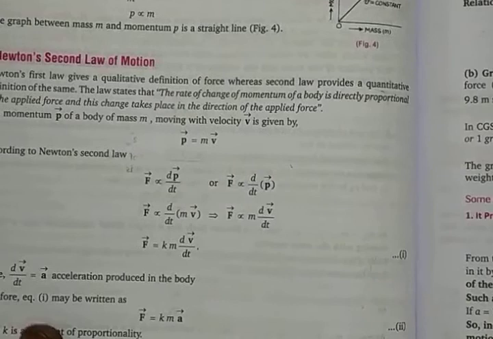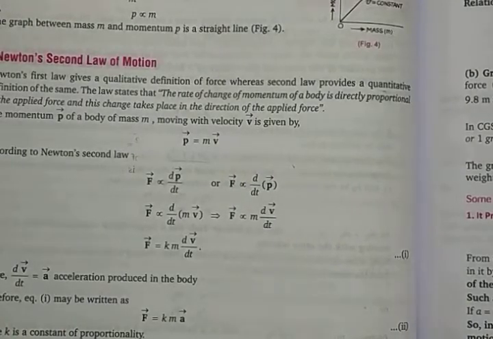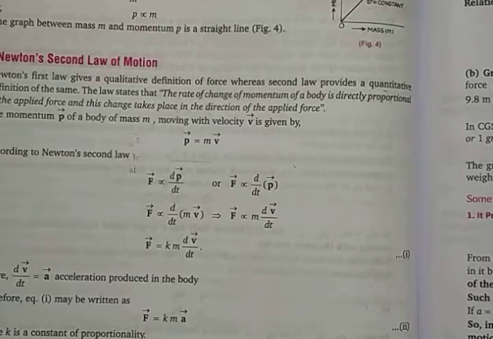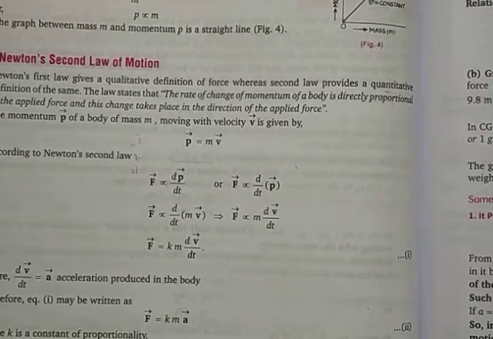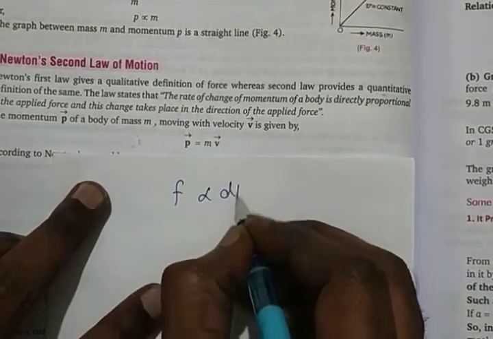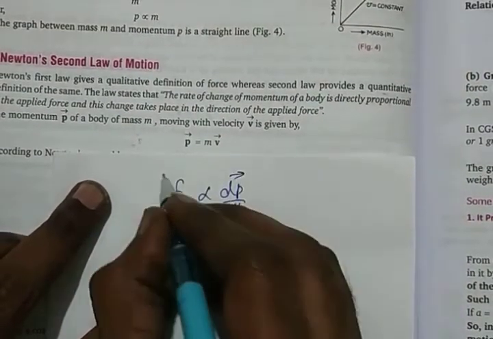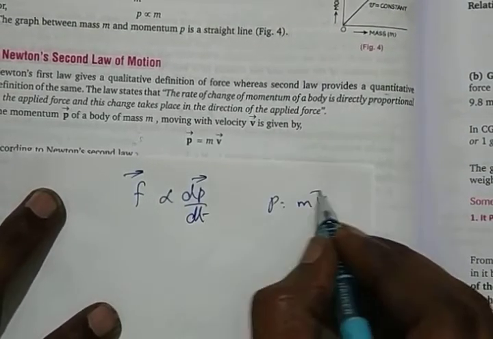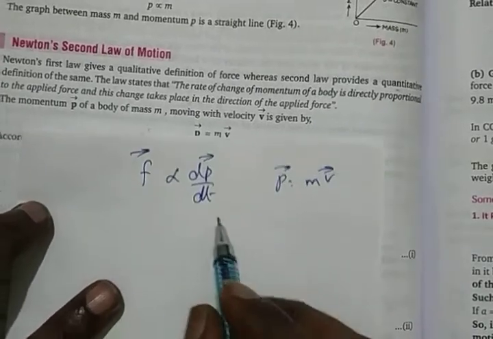So it has a short expression here. You will go ahead and see that very short expression. Momentum is equal to mass into velocity. We already know this one. And we just saw force is directly proportional to dp by dt, and this is momentum. So we know momentum is equal to mass into velocity, and momentum is a vector quantity.